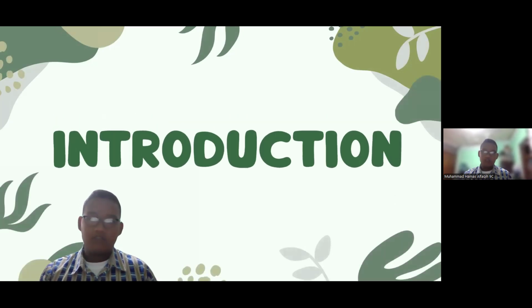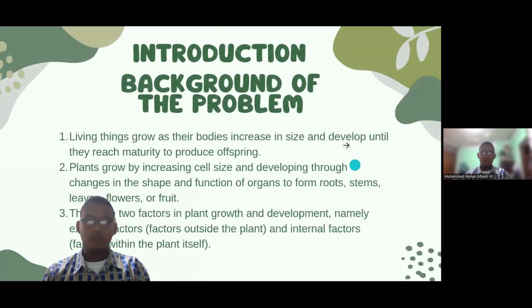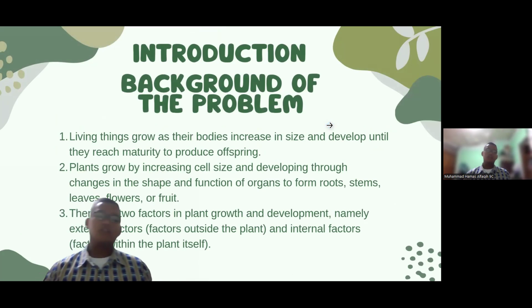Okay, so the first one we went to introduction. So the background of the problem, the first one, living things grow as their bodies increase in size and develop until they reach maturity to produce offspring.